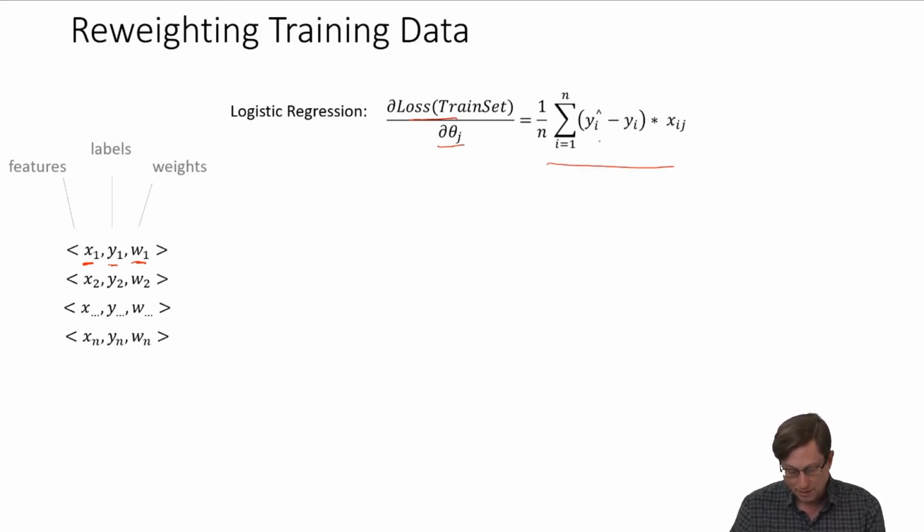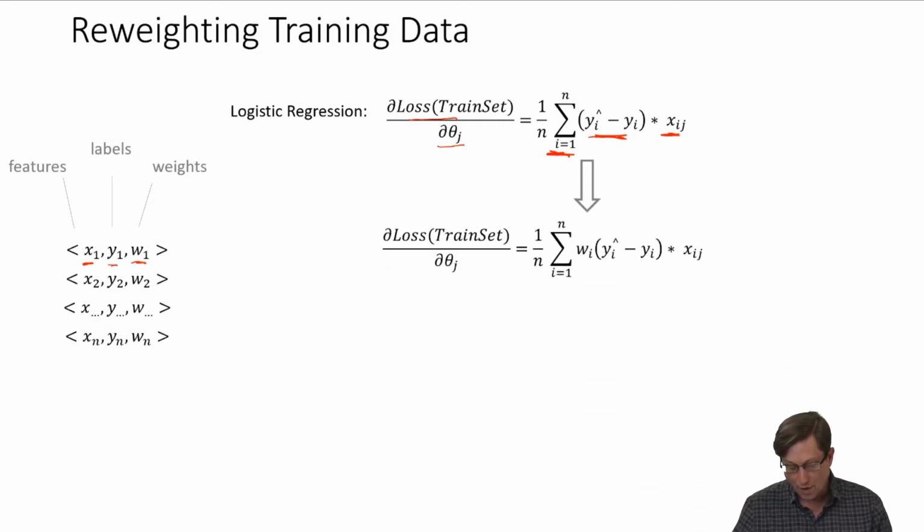So it would say you sum over each training sample, and you take the amount of wrongness it had times the feature that you're trying to find the gradient for and sum that up, and that would be the direction of the gradient for feature J. Now, if you were doing a weighted version of that, all you need to do is insert the weight for the sample here.